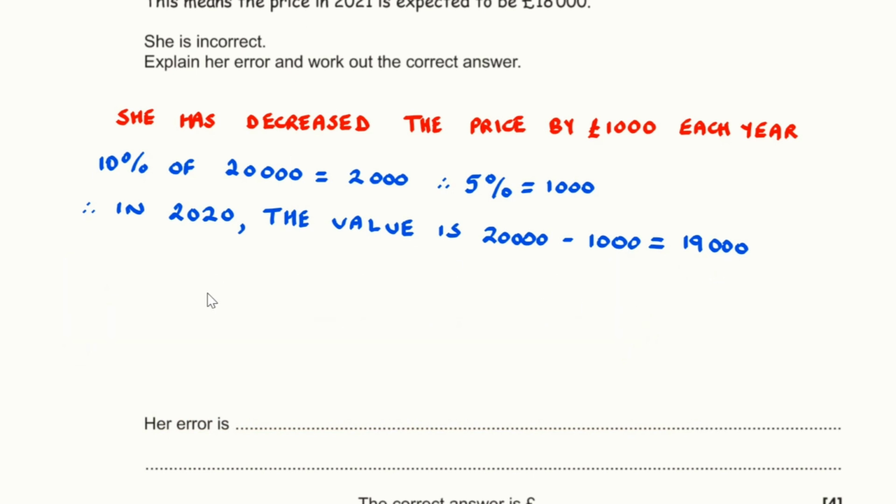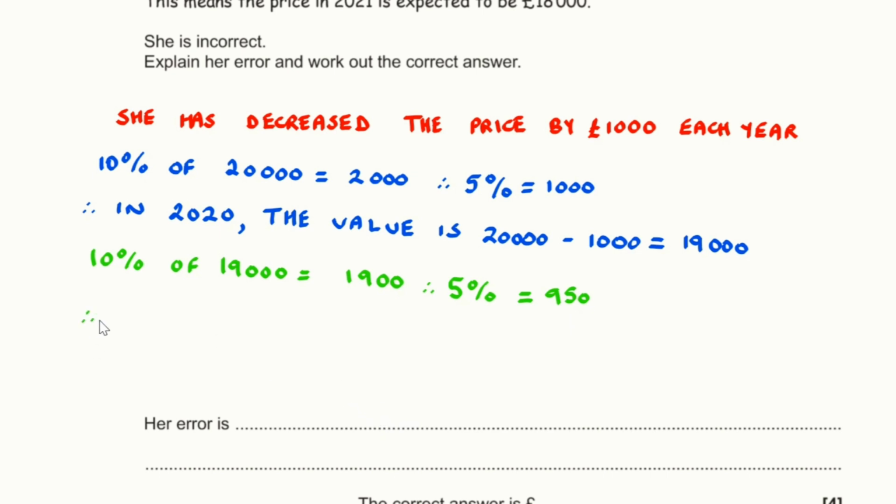So first of all, 10% of 19,000 is 1,900, and therefore 5% is equal to half of this, which is 950.